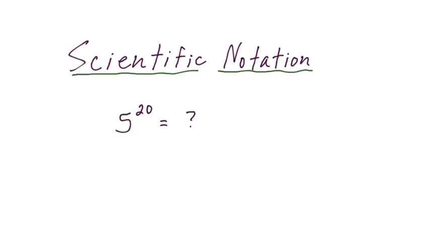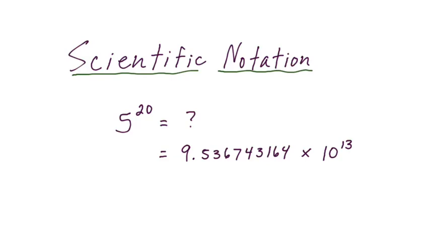So go ahead and find 5 to the 20th power on your calculator. Now, depending on which one you're using, if you're using the one recommended for Math 1332, you're going to get that. So 9.53 and all those numbers times 10 to the 13th power.